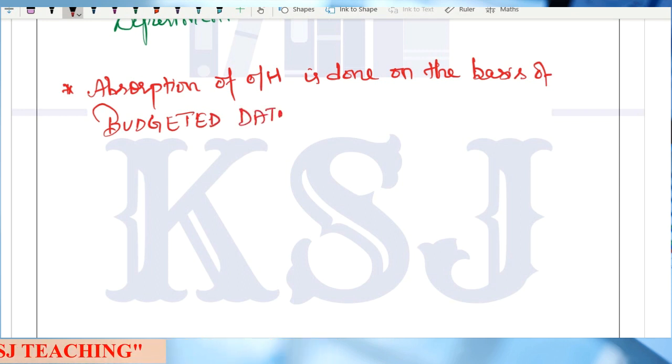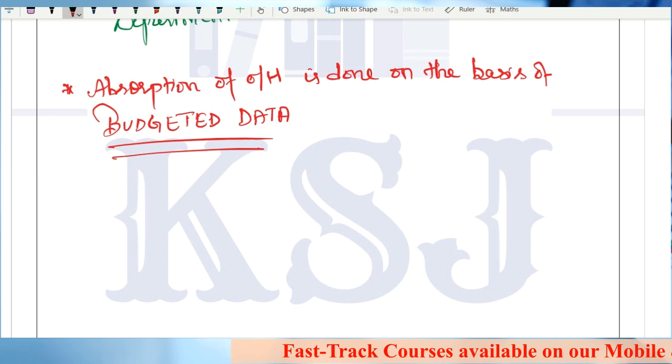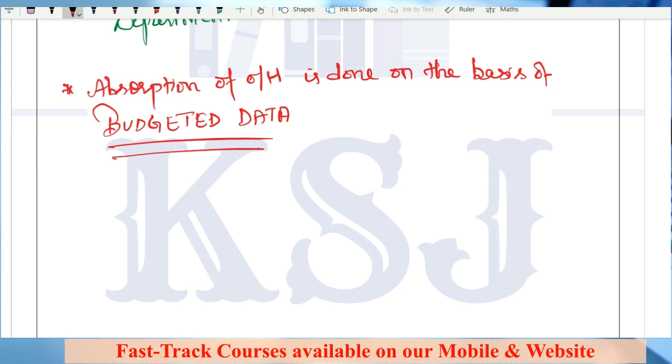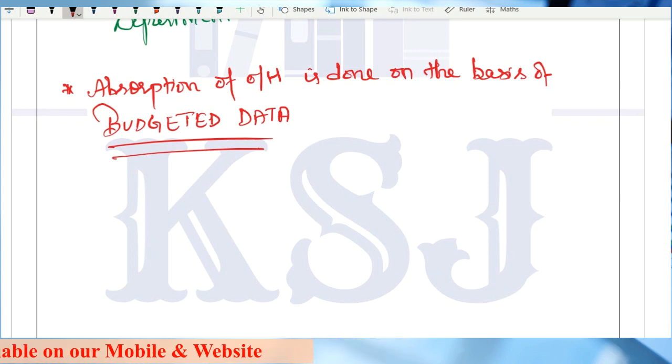Sir, what is meant by this budgeted data? Why are we doing this? Why are we saying that absorption is being done on the basis of budgeted data? We need the explanation for it. Listen to it very carefully.